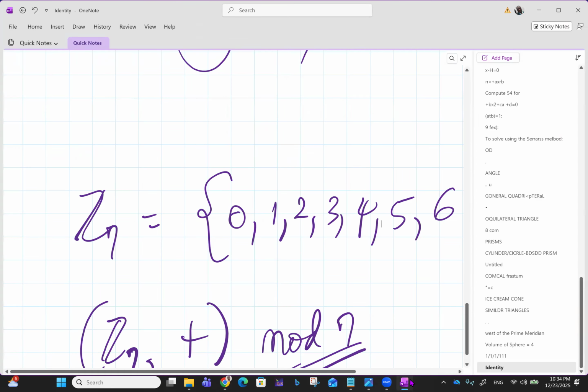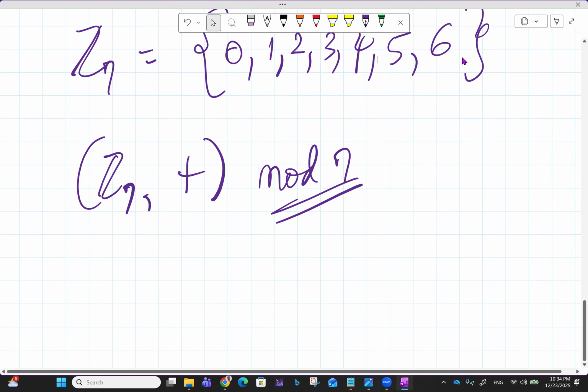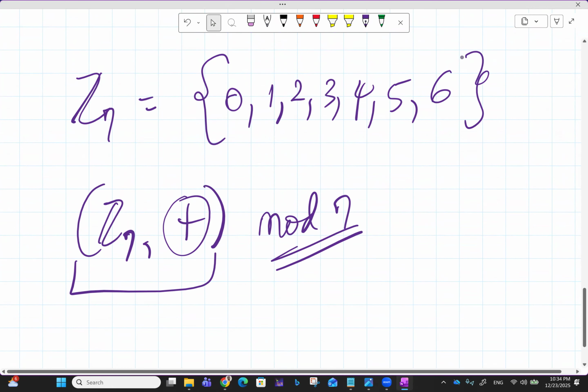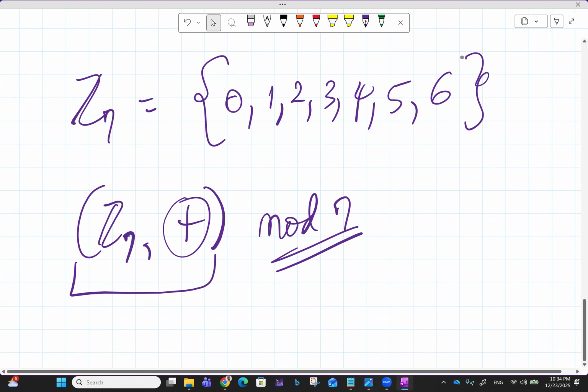Let me go back and explain what I mean here. We are trying to see if Z7 with modular addition is actually a group. First of all, we have to be sure that if you pick any two elements, you have to run through all the elements possibly.